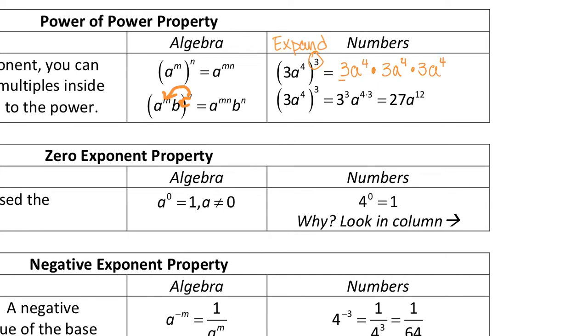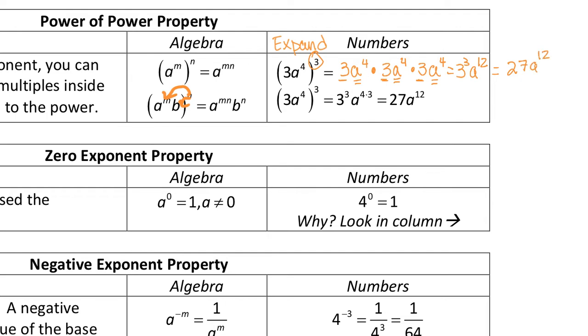We'd have the 3's. There's 3 of them, so this would equal 3 to the 3rd. And then we've got the a to the 4th, a to the 4th, a to the 4th. So that'd be 4 plus 4 plus 4, which would be a to the 12th power, I believe. And if we keep going with that, 3 to the 3rd ends up being 27, a to the 12th.